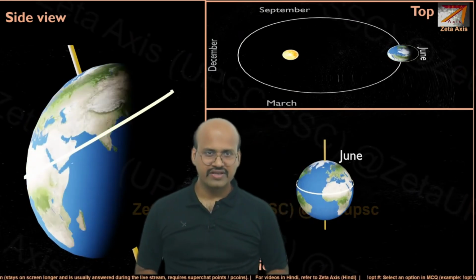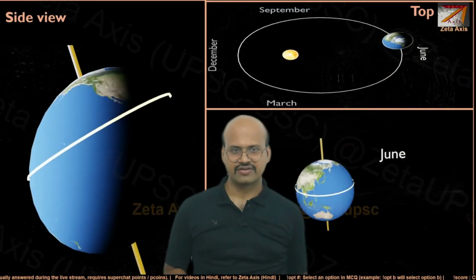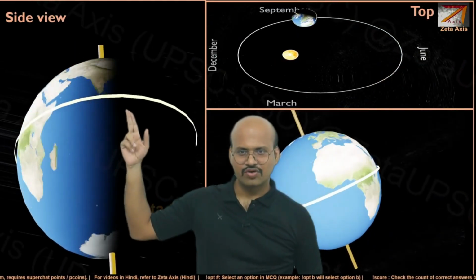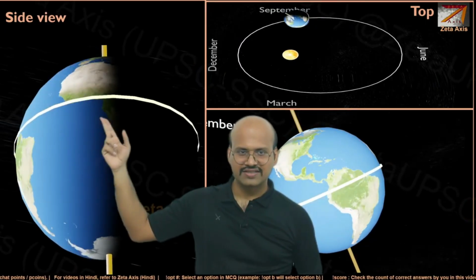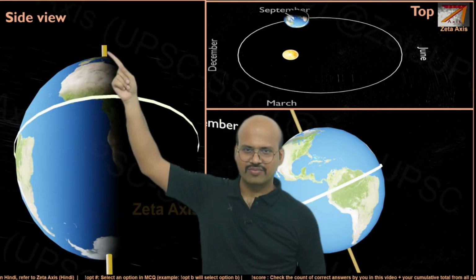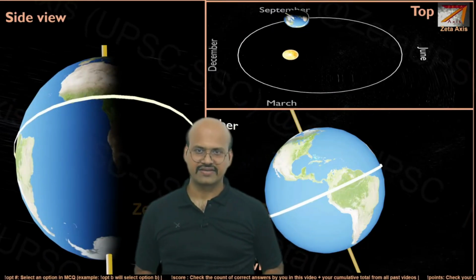Again, when the Earth moves from this June solstice to the September equinox, the sun will be over the equator, and we can clearly see again the line of illumination passes right from the north pole to the south pole, again 12 hours day, 12 hours night.